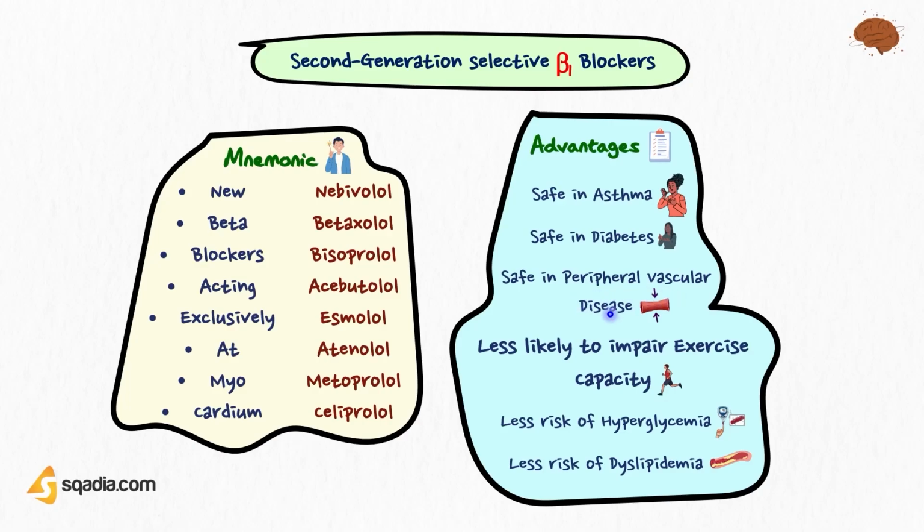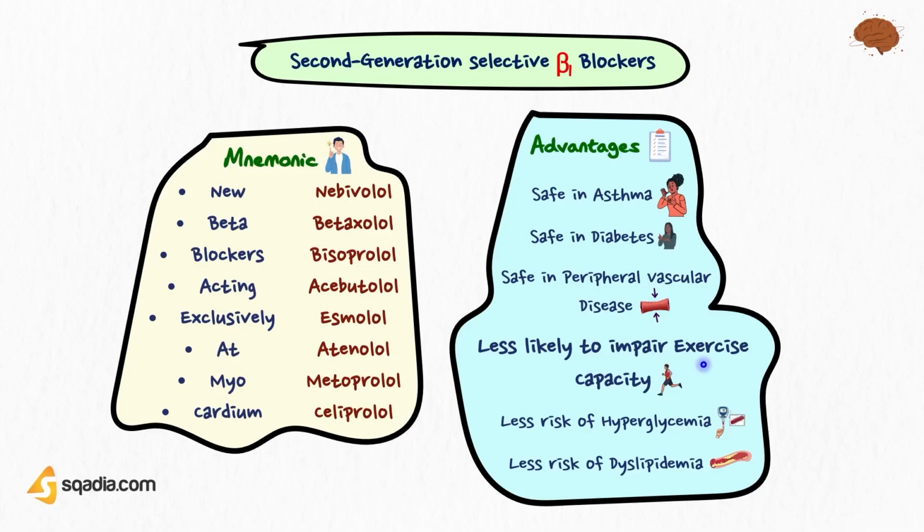You know that peripheral vascular disease can occur due to vasospasm of the vessel. If you give a beta-2 receptor blocker, vasospasm happens because of vasoconstriction. So we don't give non-selective beta blockers, we give only selective beta-1 blockers. They don't cause vasospasm in peripheral vascular disease, so they are safe.